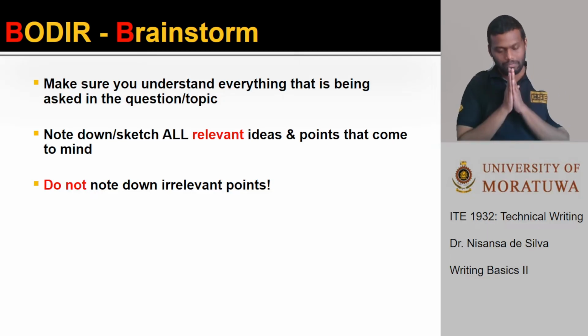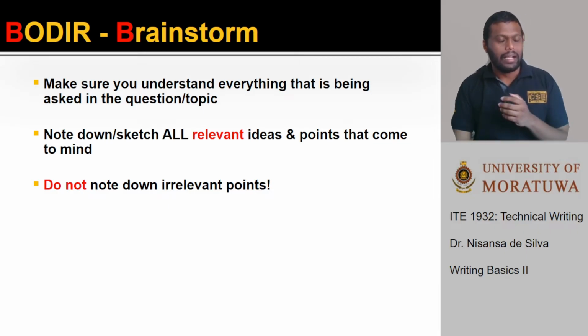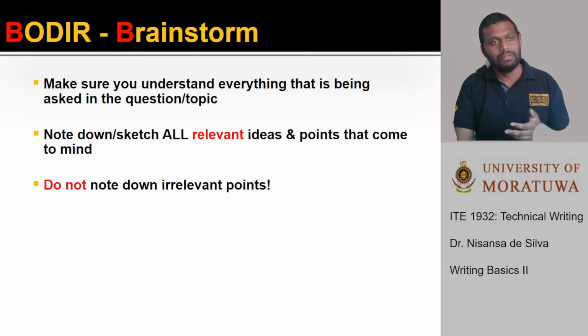Now, at this point, it is important that you do not stress on this too much. It is okay to write down things that might become irrelevant later. Just write it down, and then you can erase it or strike through. Don't worry. This list is only for you. No one else sees it.